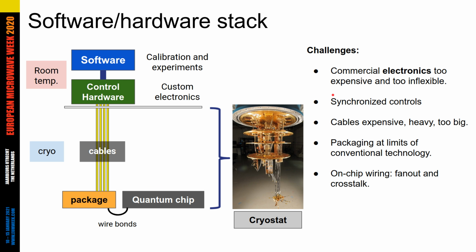The controls all have to be synchronized, so each qubit has its own drive line, and they need to be phase matched to better than a nanosecond, so that takes some careful engineering. The cabling itself is expensive, it's heavy, and at this point, it's too big. So making denser cabling is going to be an area where the microwave community is going to have to make significant contributions in quantum computing.